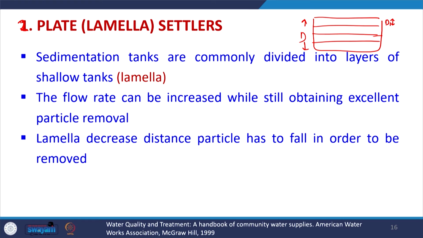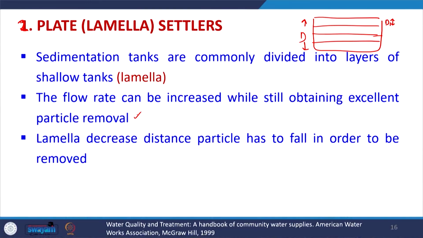The flow rate can be increased while still obtaining excellent particle removal, and this is because the time of settling has decreased. So, that means we can have a higher flow rate, so that the particles still cannot go out of the length, and if they reach the end also, this is okay.